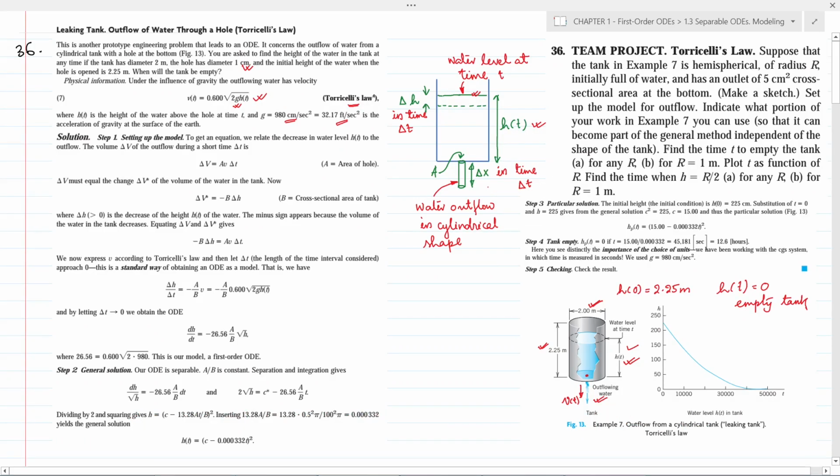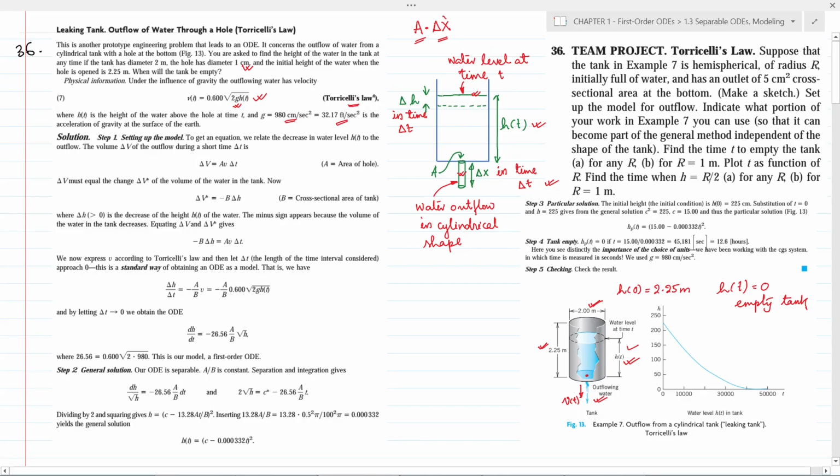And let us assume that delta x length of water comes out in a time delta t. Then the volume of this cylinder, that is the volume of water coming out in time delta t, can be written as A multiplied by delta x, that is the cross section of the cylinder of water coming out of the hole, multiplied by the length of the water coming out in time delta t.